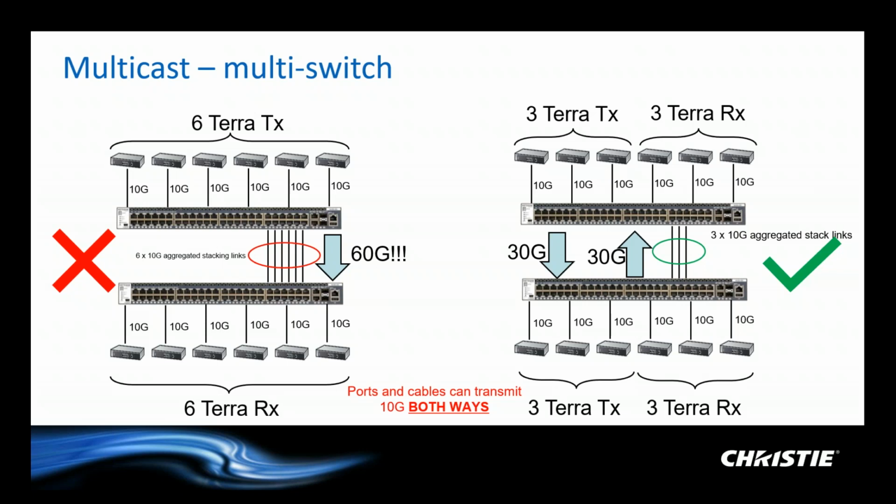And you're only going to have 30 gigabytes going back the other way. So you only need, in this example, 3 10 gigabyte links between the switches.